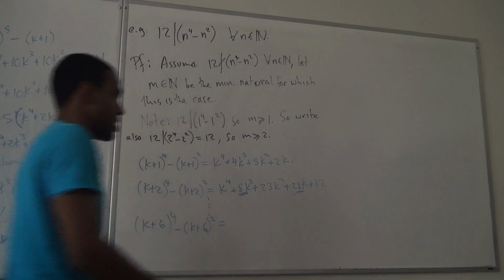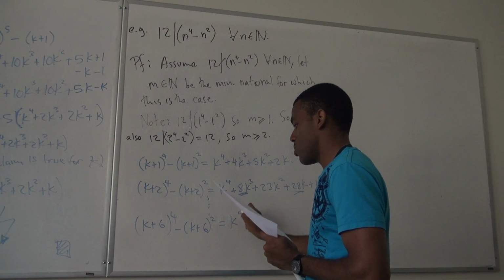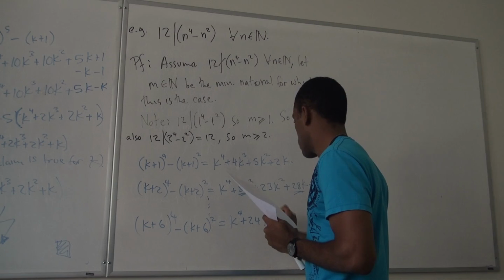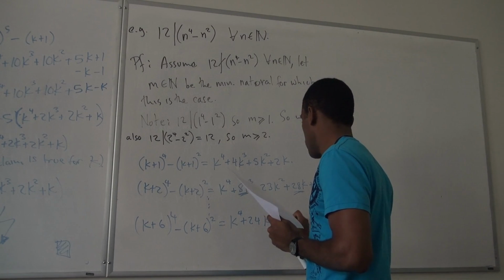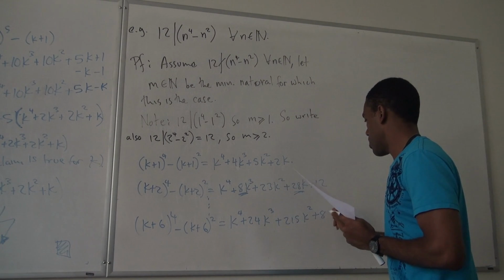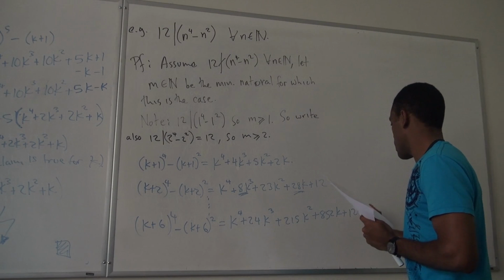When I get to the 6th time, the answer there was k to the 4th plus 24k cubed plus 215k squared plus 852k plus 1260.